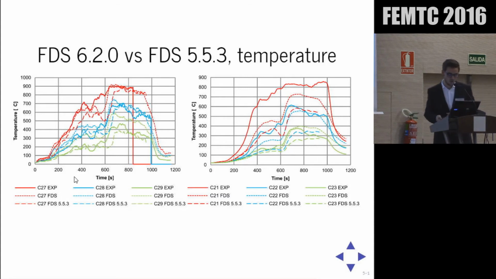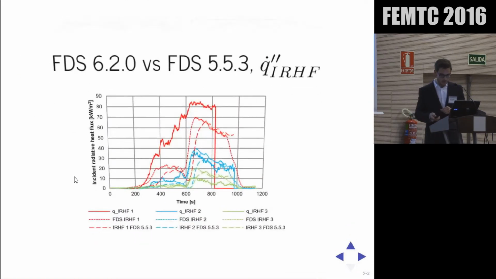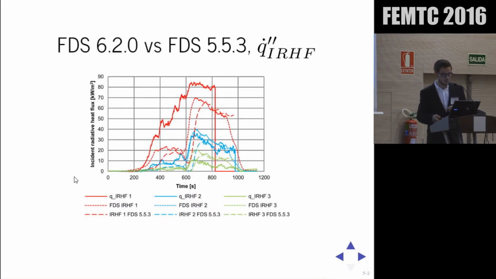We can see that smaller discrepancies are found between the program versions regarding the thermocouples. Larger discrepancies are found regarding plate thermometer temperatures, where FDS 620 produces slightly higher temperatures than FDS version 553. Larger values are also produced in FDS 620 regarding the incident radiative heat flux values.